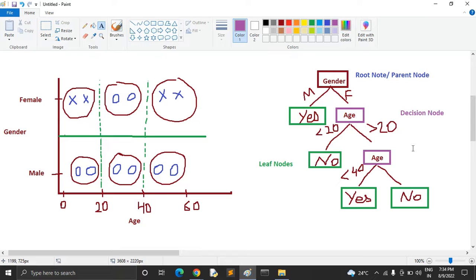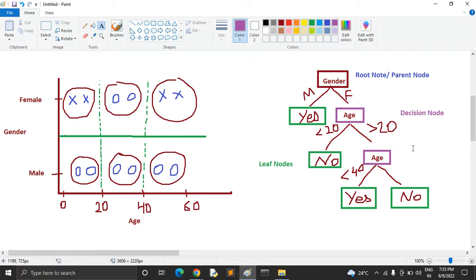The root node is the node that contains all the data prior to splitting. Nodes are split by a splitting criterion into two branches, each of which leads to another node. Nodes which do not split any further are called leaf nodes, and nodes which are used to split or make any decision or split the nodes further are called decision nodes.